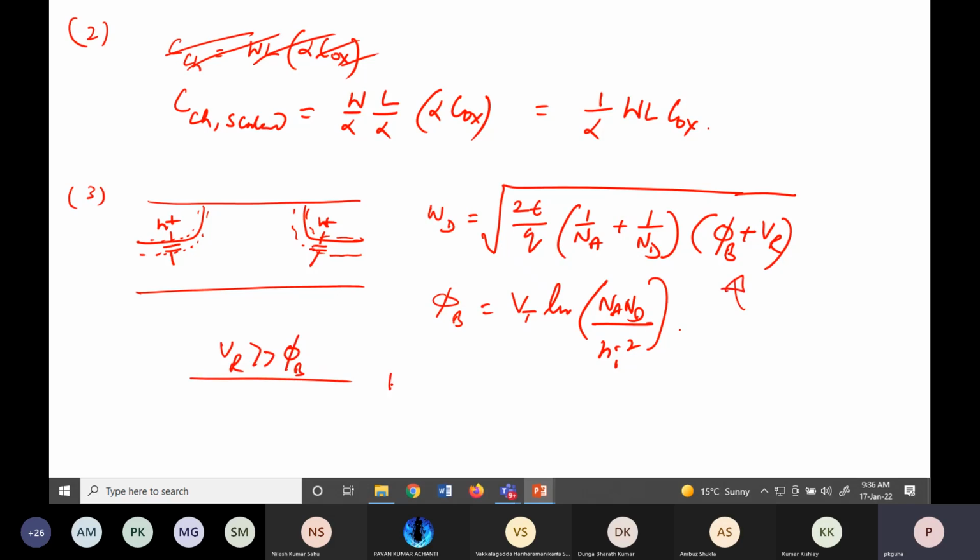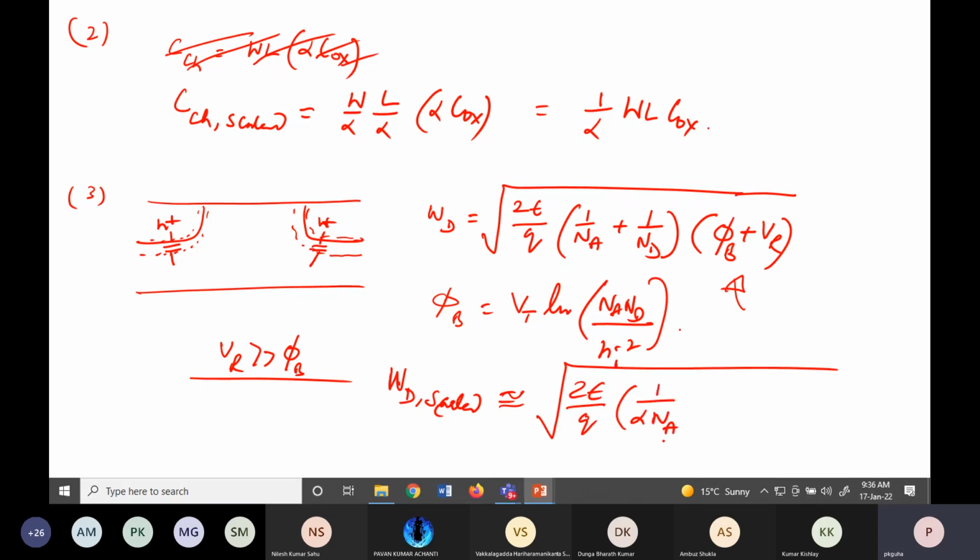So we can write WD, the depletion width, as 2 epsilon, the dielectric constant of silicon, over q alpha Na.